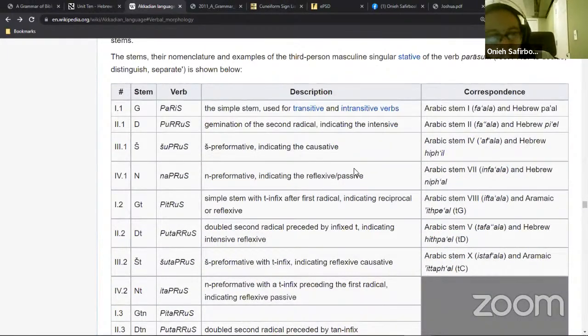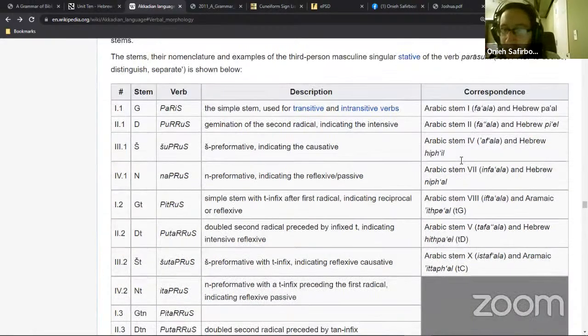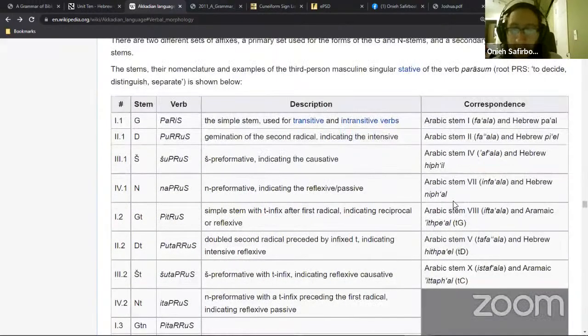So here, this is an interesting one. So basically, Arabic has different stems, and Akkadian corresponds with some of the Arabic stems. So you have the regular verb, that's stem 1. Stem 2 indicates the intensive form.